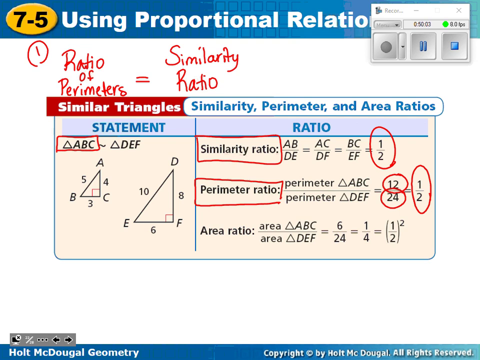The ratio of the areas is different. The ratio of the areas will be the ratio of the perimeters squared. So write that down.